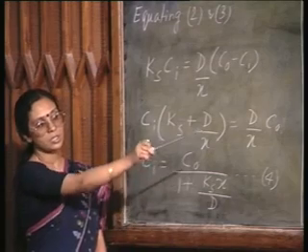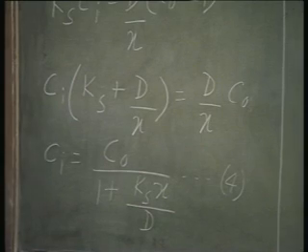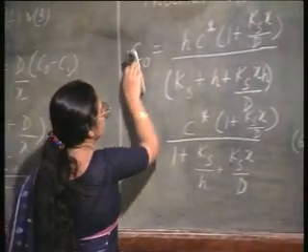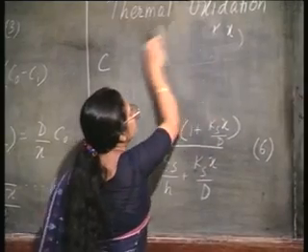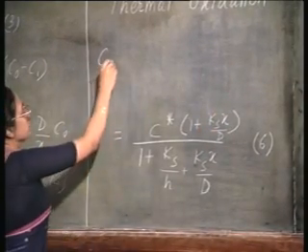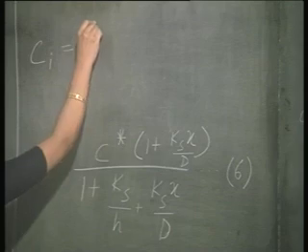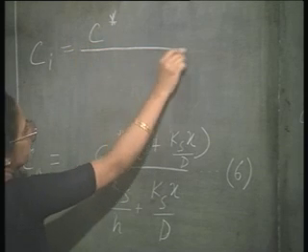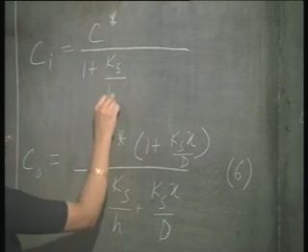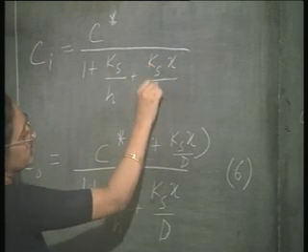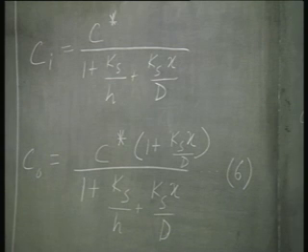So, if I put this equation in equation number 6, then I find Ci is given by C star divided by 1 plus Ks by H plus Ks x by d, and C naught is given by C star into 1 plus Ks x by d divided by 1 plus Ks by H plus Ks x by d.